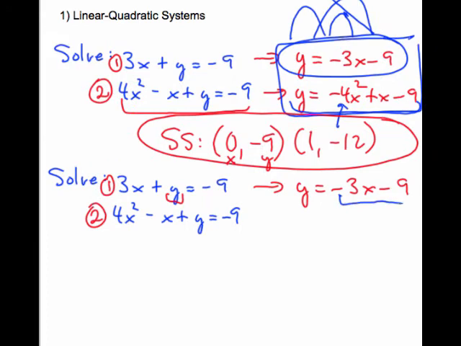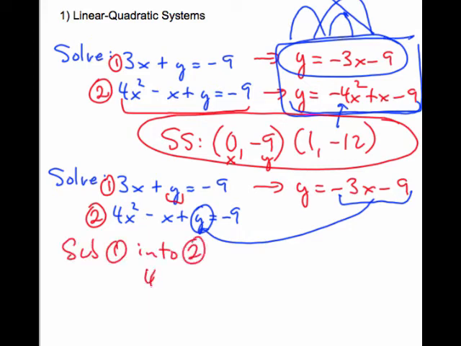Alright, so now that I've got y isolated, I'm going to substitute this into here. So I'm substituting equation 1 into equation 2 in this case, to get 4x squared minus x plus this equals negative 9. And so I have a variable in one equation, a quadratic equation in fact, so I'm going to set it to 0.